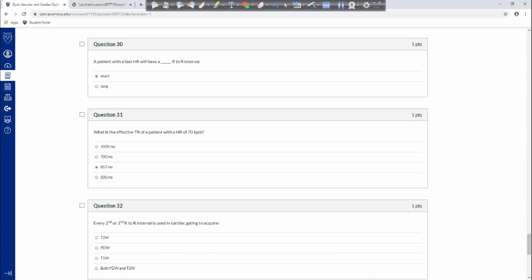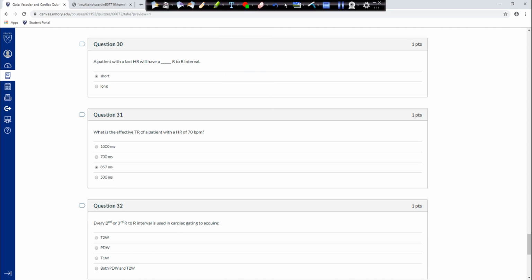Something we didn't really cover. So if the test or the registry asks you, how many cardiac phases are we able to see with a patient that has a heart rate of 70, this patient, and a TR of 25 milliseconds?